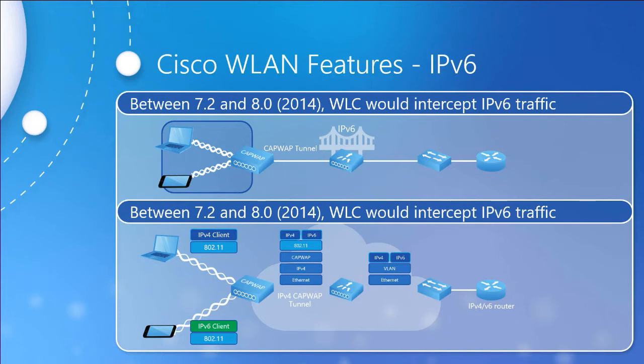So between versions 7.2 and 8.0, starting around 2014, the controller would intercept the IPv6 traffic. This gives the controller the ability to learn and track this particular traffic. This essentially brought IPv6 support on par with IPv4 support.